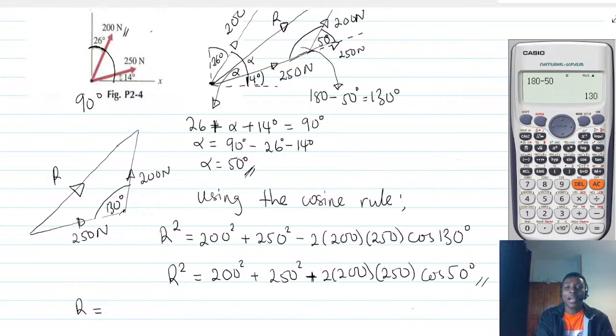So let's do it together. You can use any of them. So it's going to be the square root of 200 squared plus 250 squared.